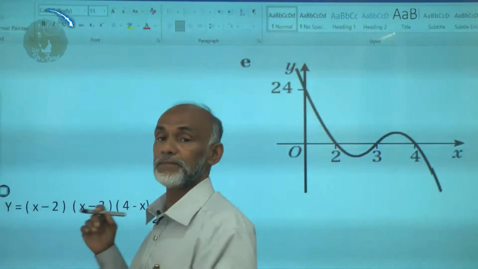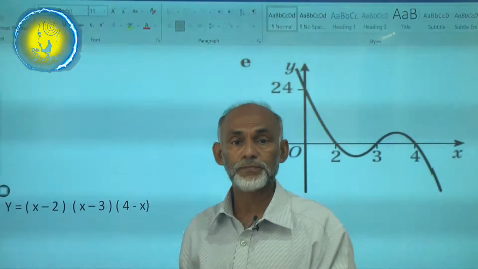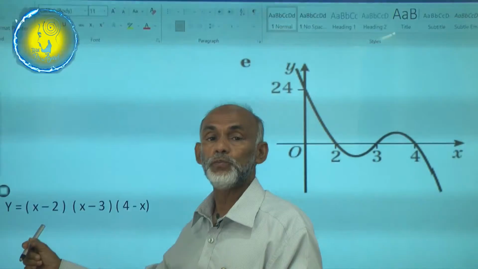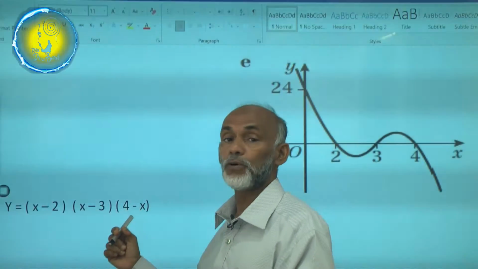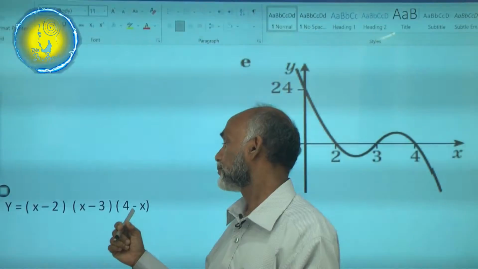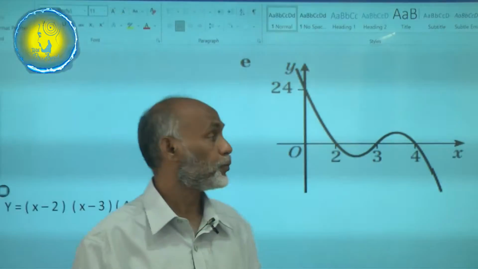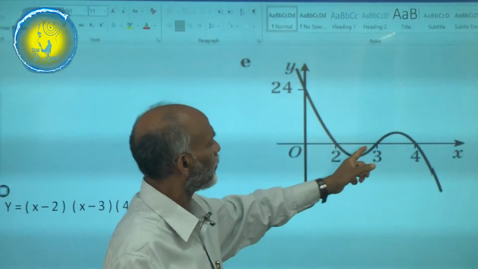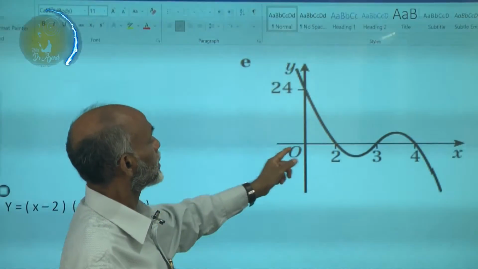In this function, whenever y is 0, x takes the solution: x is equal to 2, or x is equal to 3, or x is equal to 4. 4 minus x equal to 0 gives x equal to 4. So we can identify the roots where the x-axis will be cut.